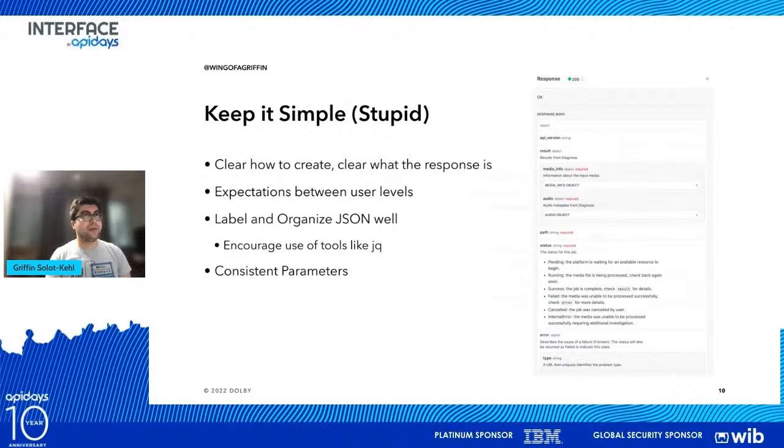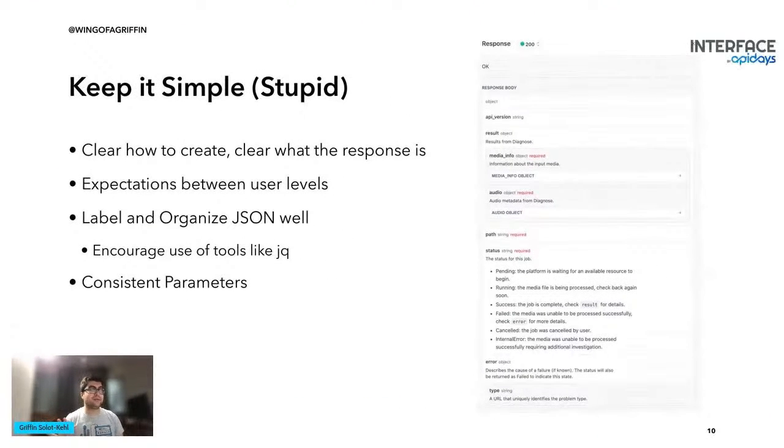I also like to make sure that we are keeping it simple, where we are making it clear how to create a call, and we're also making it clear what the response of these calls are, where you want to make sure that the expectations between different user levels are still clear. You're going to have the people who are very experienced in APIs who are just going to run through everything, saying, I'm not going to read every single part of the documentation.